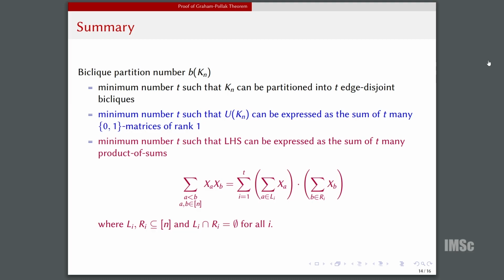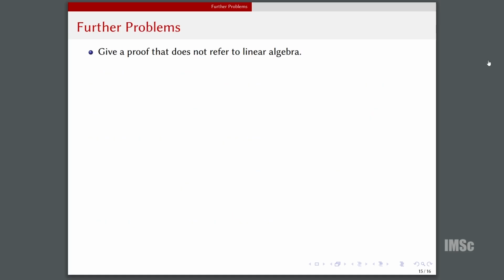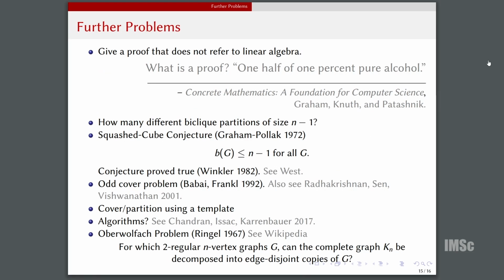I'll just mention this and not give a diagram, but if you want to compute this using arithmetic circuits, you need a circuit of size n square, but if you use this formulation, you need a circuit which is just linear in t. We saw t was n minus 1 for a complete graph, so it's an improvement from n square to n. If you are interested, you can check out this paper where they talk about this kind of approach to this problem.